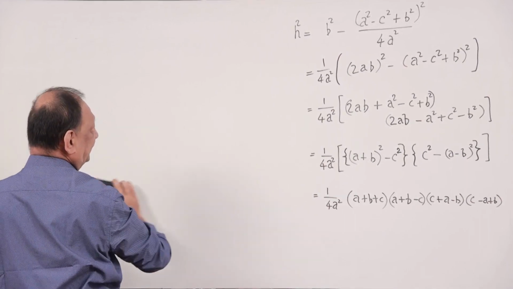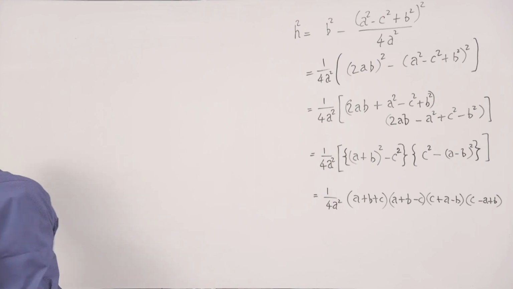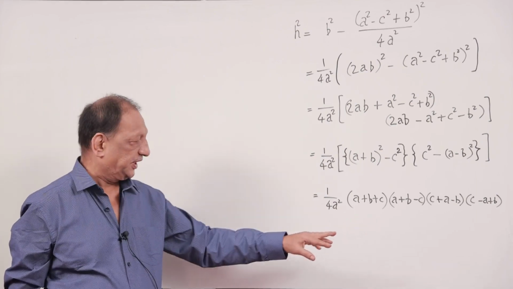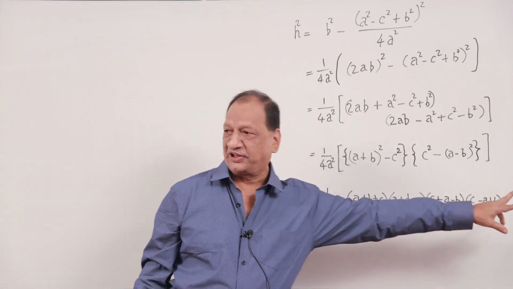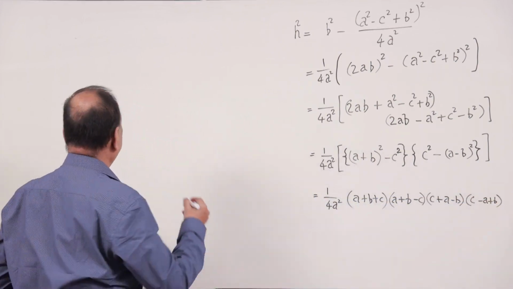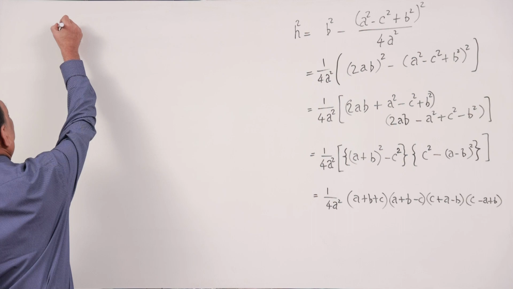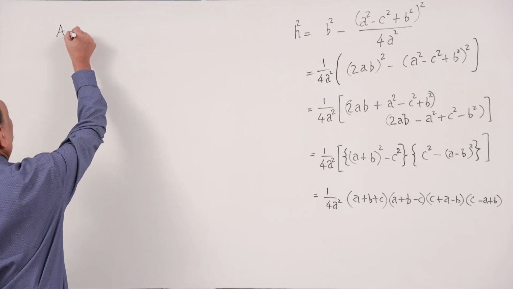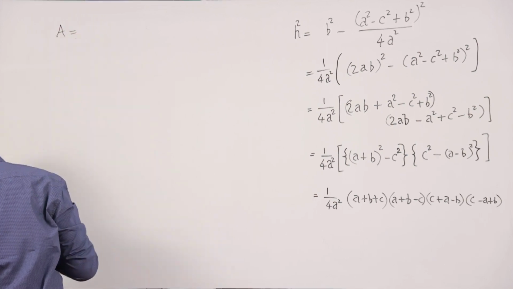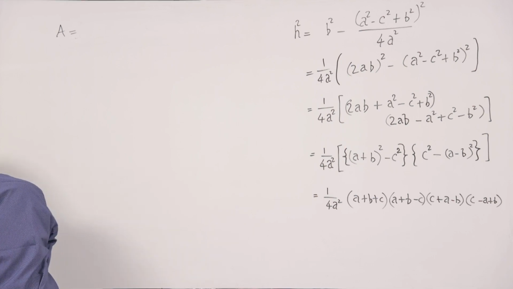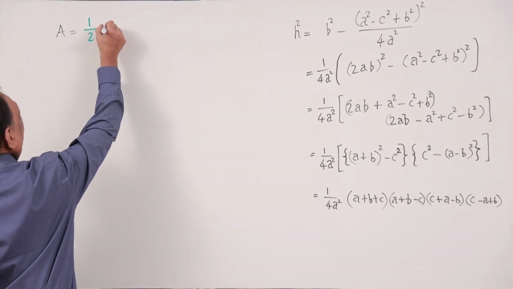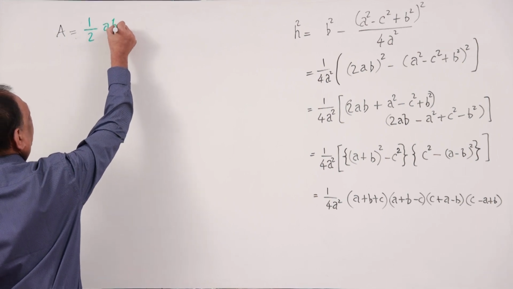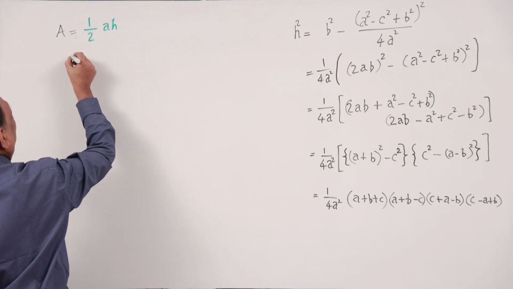Now first, this is the value of h squared. So h will be square root of this. When you take square root, I will get a 1 over 2a here and the square root of all the rest of it, right? So now area, we can write the area itself. The area will be equal to half a h, correct?